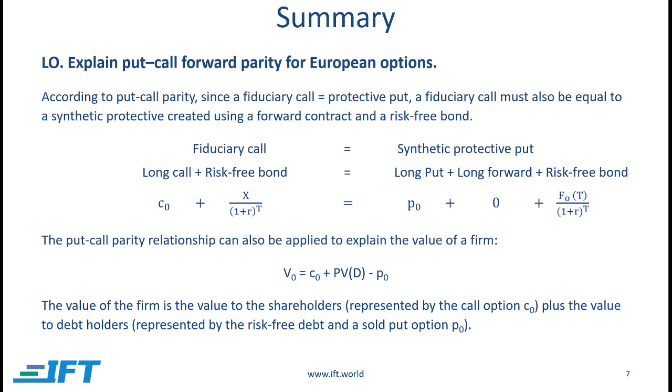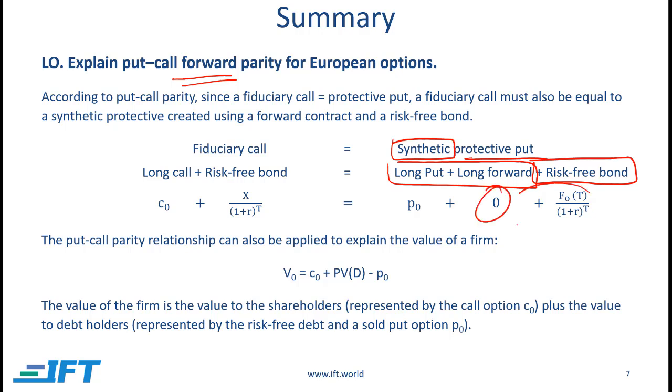The second learning outcome is the put call forward parity, and what we discussed over here is that the protective put was made into a synthetic protective put, where instead of taking the long asset we replace that with a long forward and a risk-free bond. The long put is still there, but the long asset was replaced by the long forward and a risk-free bond.